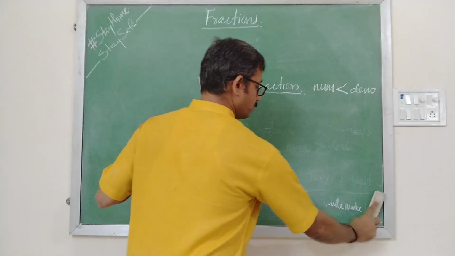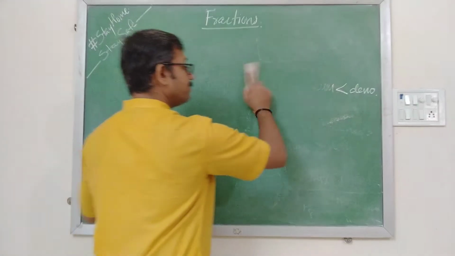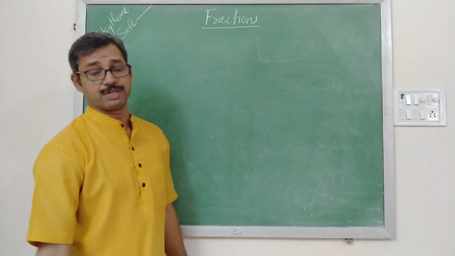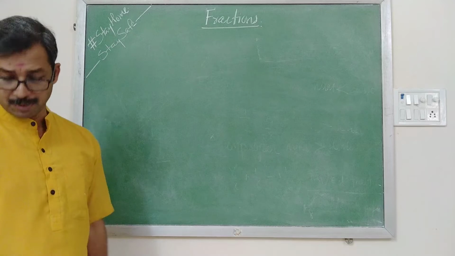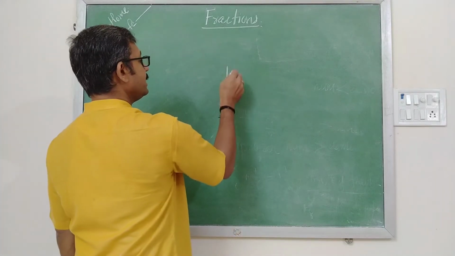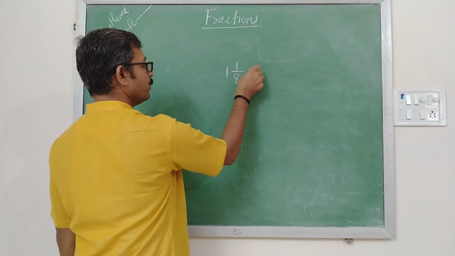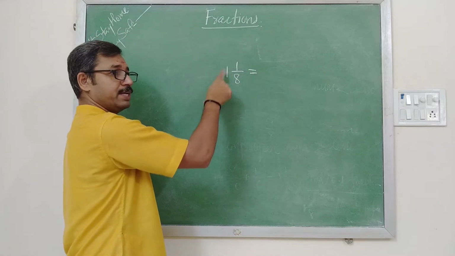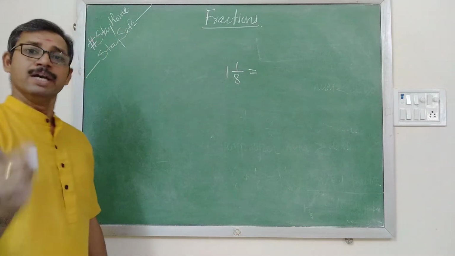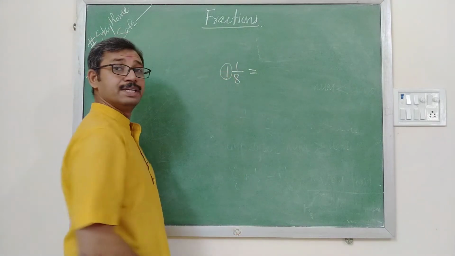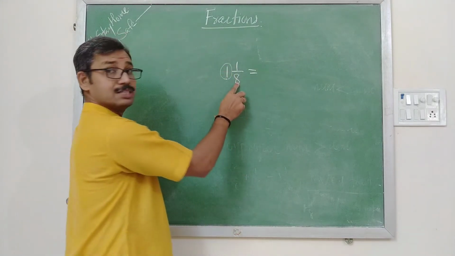Now, how will we convert this mixed fraction to an improper fraction? Very important. That is one integer, 1 upon 8, already you know that. This can be written as 8 upon 8 plus 1 upon 8. Instead of that, what you can do is, whatever integer is there, you multiply it with the denominator.